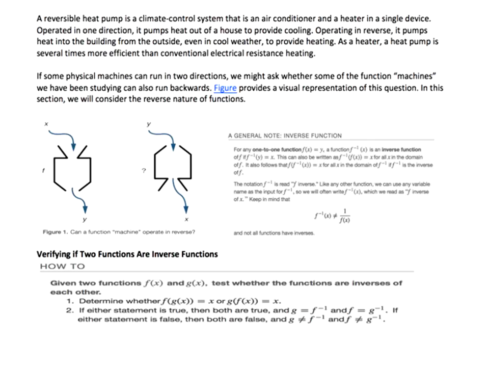It undoes it and pushes it out, and we can kind of think of that as how functions and their inverse functions act. So the next little blurb says, if some physical machines can run in two directions, we may ask whether some of the function machines we have been studying can also run backwards. The figure below provides a visual representation of this question.